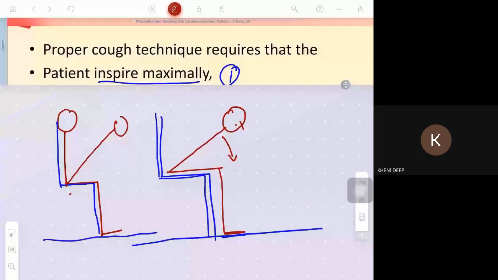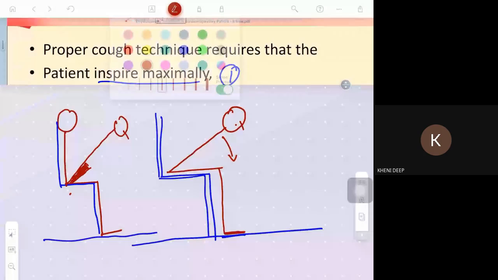The abdominal content will be supported. Again I'll explain. If the patient is bending forward, the abdominal content will push the diaphragm up.